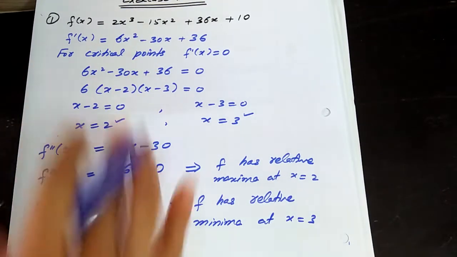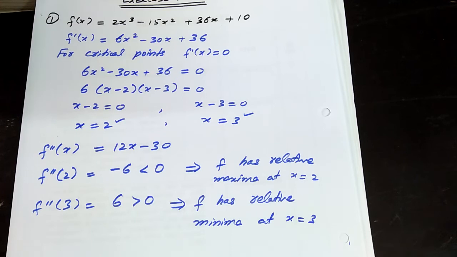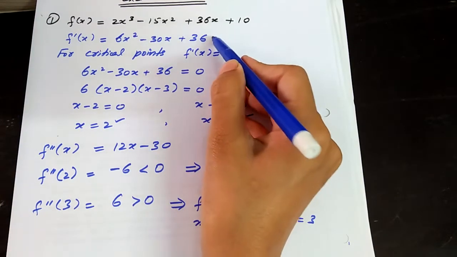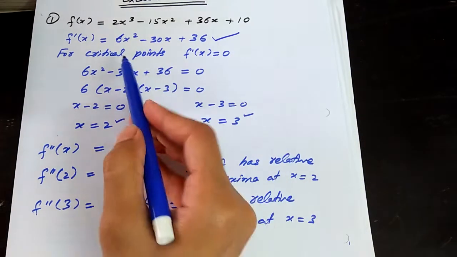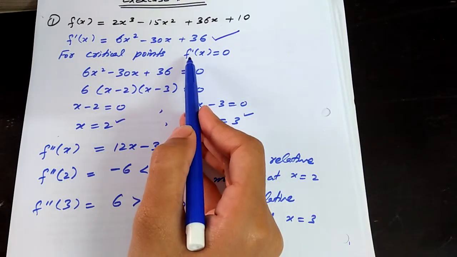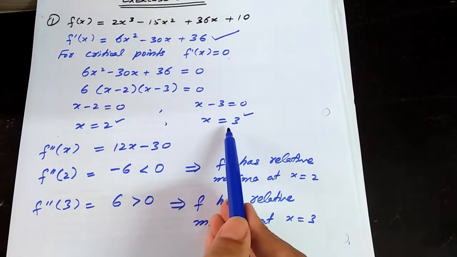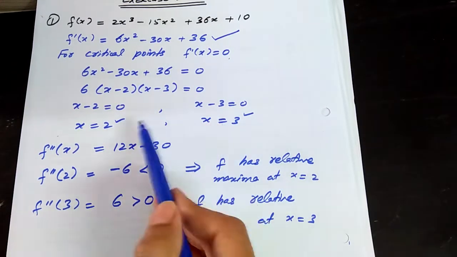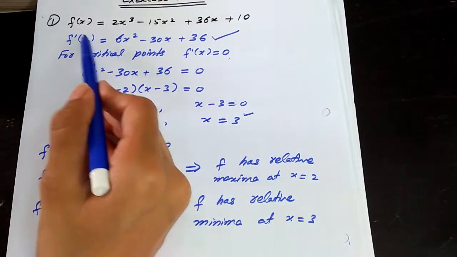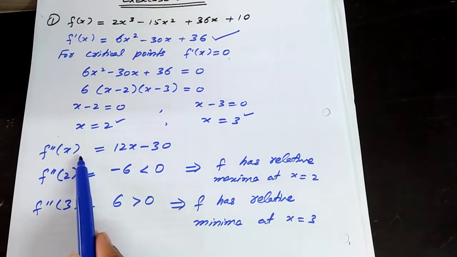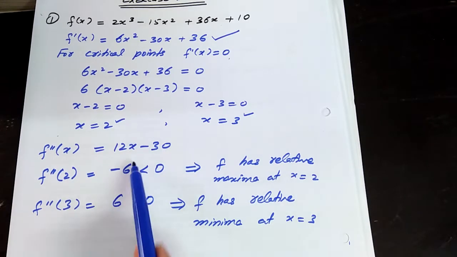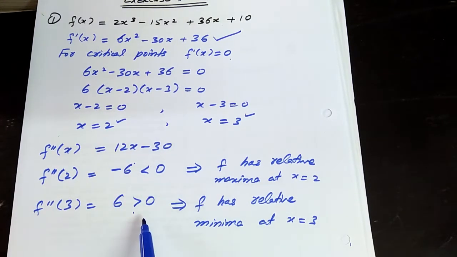So if you look at this method for finding the points at which we have relative extrema, you need the first derivative and find the critical points. How will you find the critical points? Make the first derivative equal to 0 and find the values of x. Then find the second derivative, put these x values in it one by one and observe the behavior.